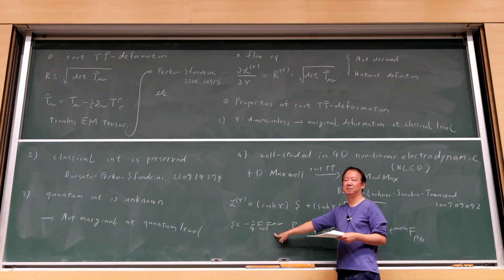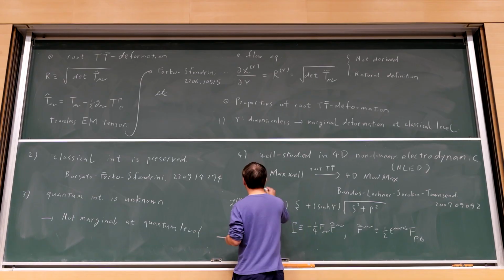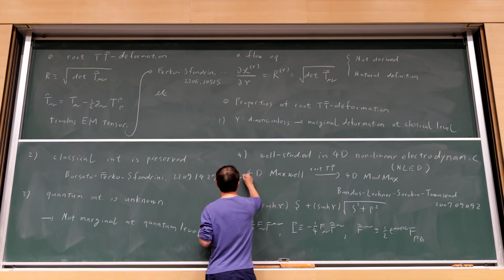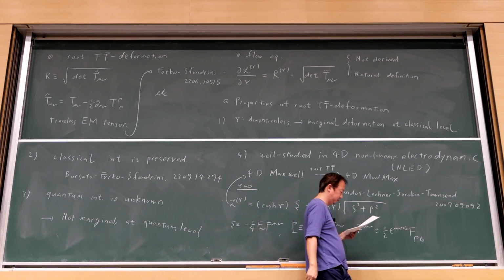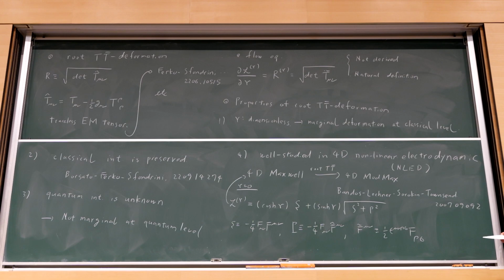This S is nothing but the Maxwell Lagrangian, and so gamma equals 0 corresponds to four-dimensional Maxwell theory. This is a very famous example of root TT bar deformations, a very nice application in the context of four-dimensional nonlinear electrodynamics.